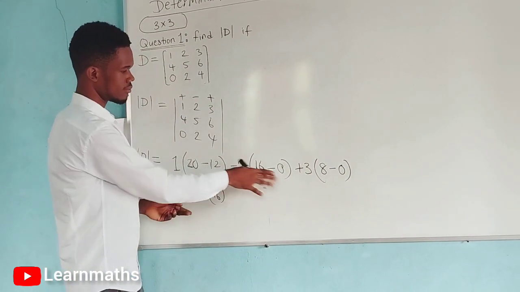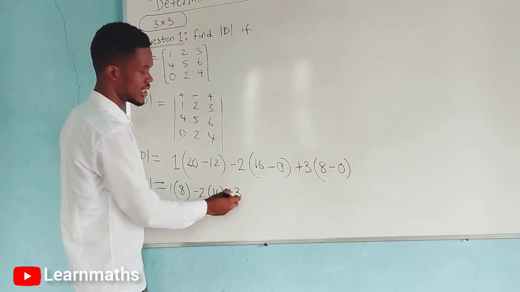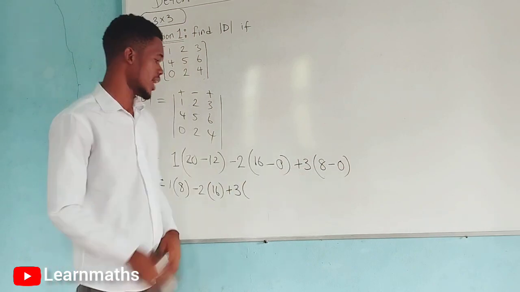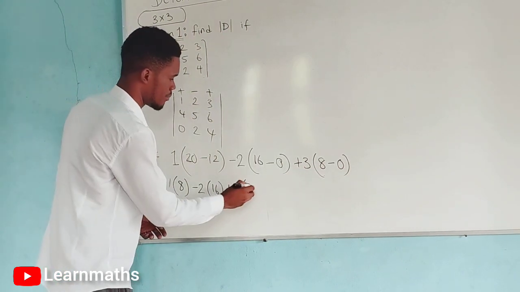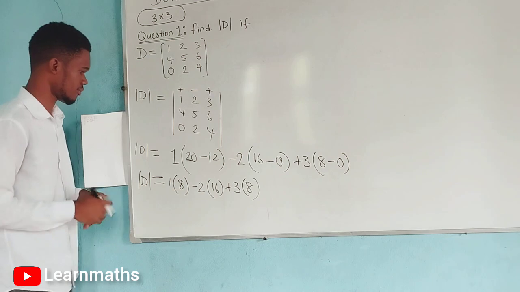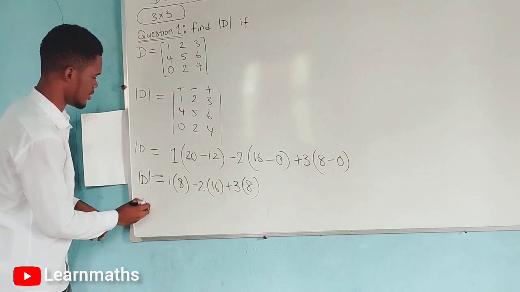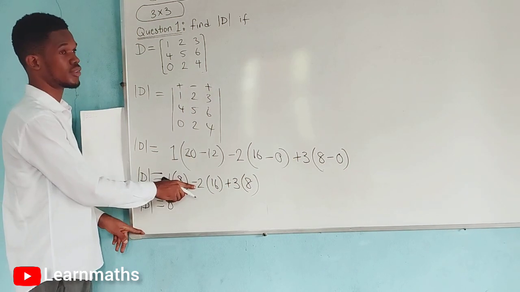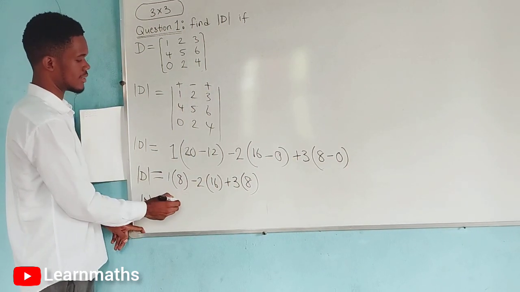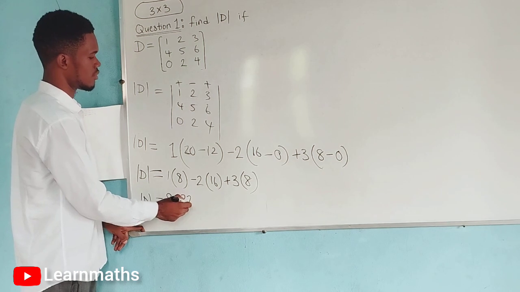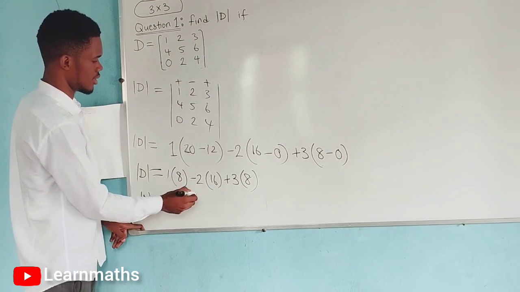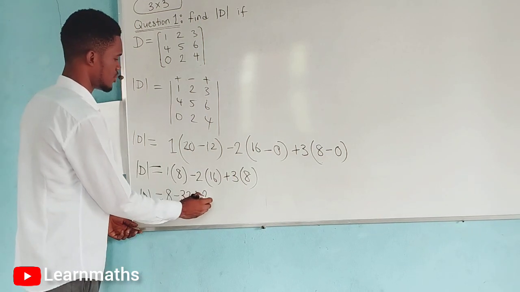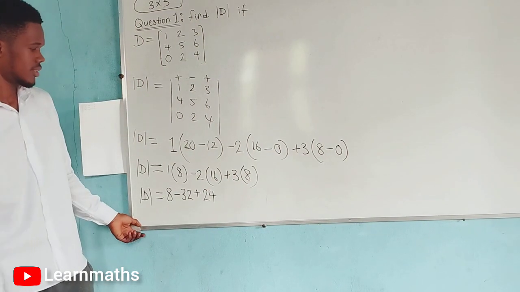Then finally we have positive 3, and in the bracket we have 8 minus 0, and 8 minus 0 happens to be 8. Okay, so the determinant of D is going to be equal to 8 times 1, which is 8, then negative 2 times 16, that's negative 32, then positive 8 times 3, that's positive 24, right?